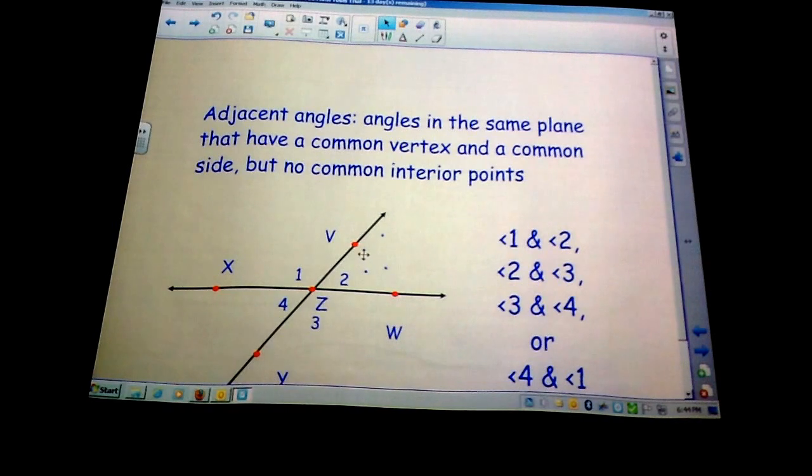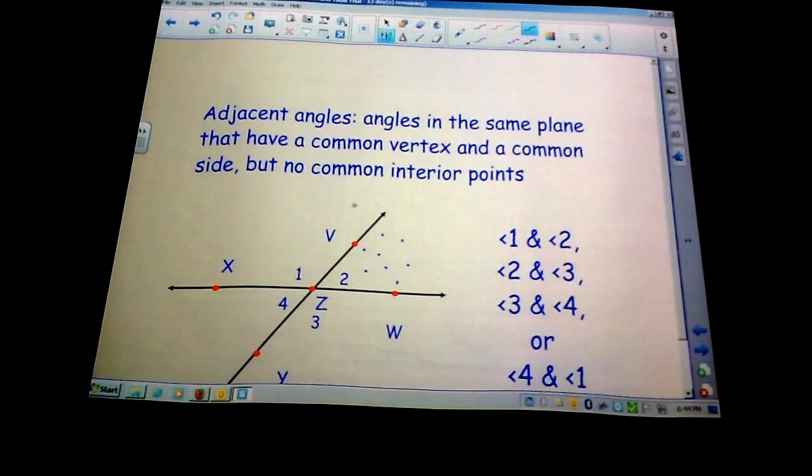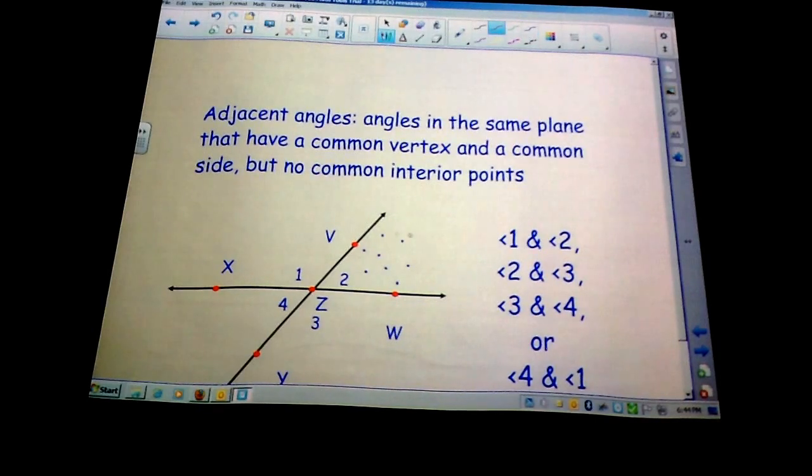If I was to put these points down for angle 2, none of its interior points would be shared with angle 1. Angle 1's interior points would be on this side of that ray. So no common interior points would be shared, but they share this side. So angles 1 and 2 would be adjacent angles.